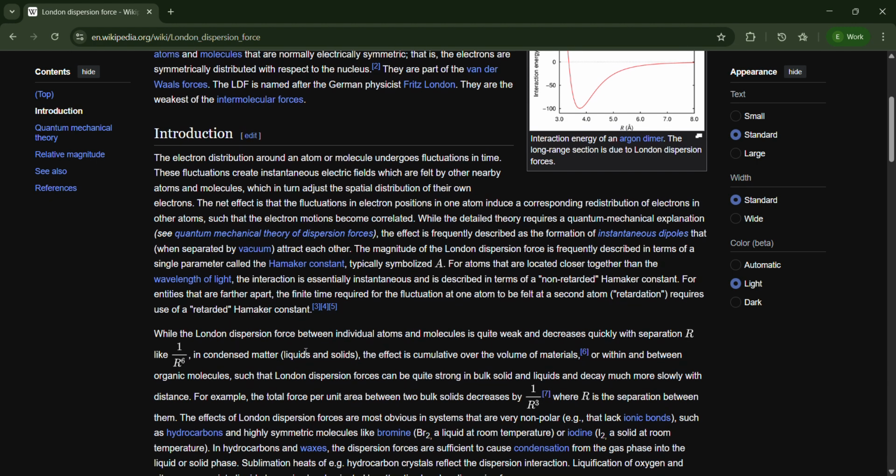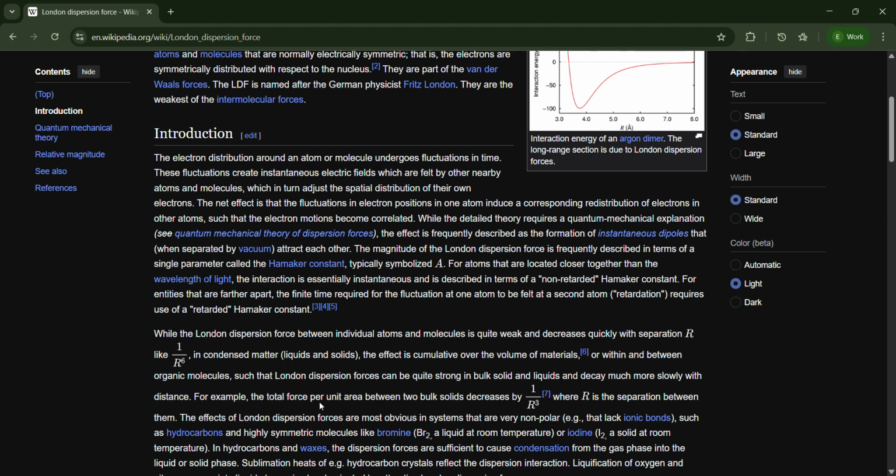While the London dispersion force between individual atoms and molecules is quite weak and decreases quickly with separation R, like 1 upon R raised to the power 6, in condensed matter, liquids and solids, the effect is cumulative over the volume of the materials or within organic molecules, such that dispersion forces can be quite strong in bulk solids and liquids and decay much more slowly with distance.